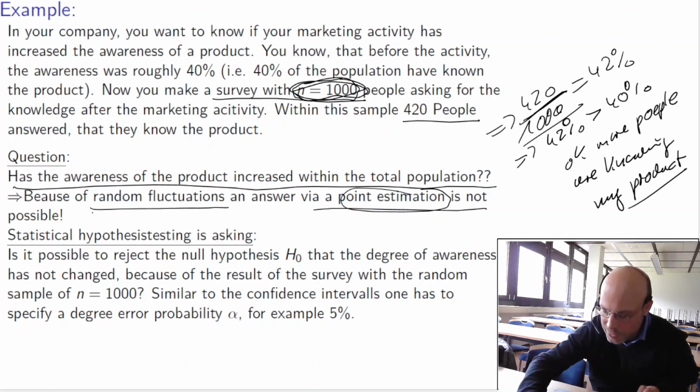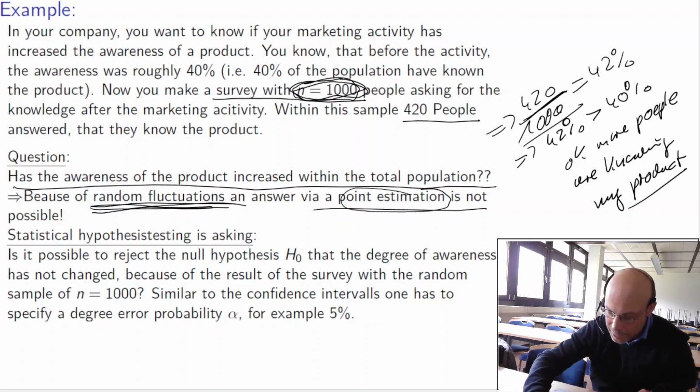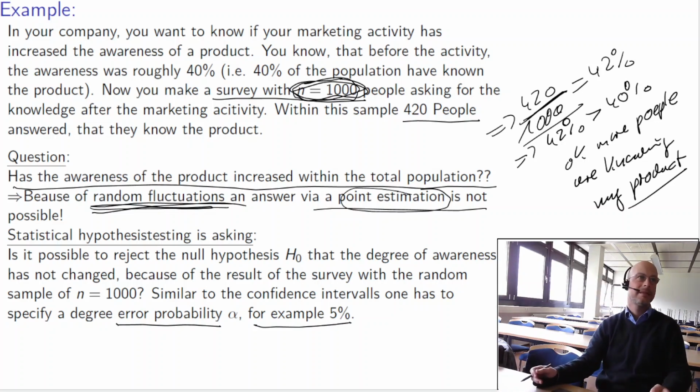But due to these random fluctuations, we cannot directly answer this question, but we have to specify some probability error, for example, 5%.